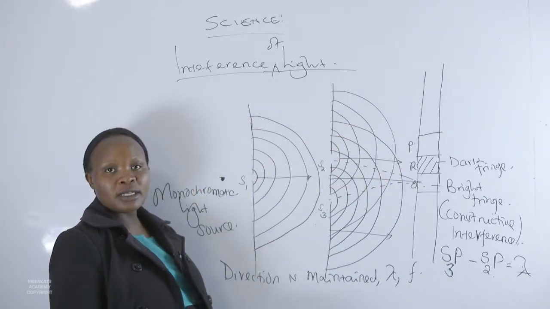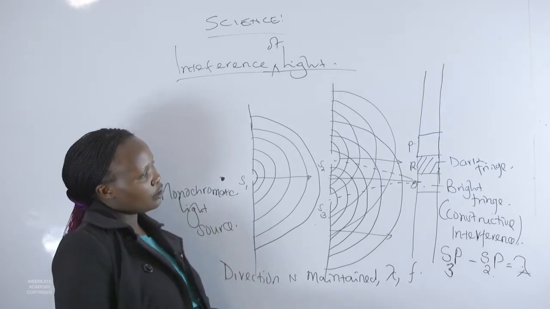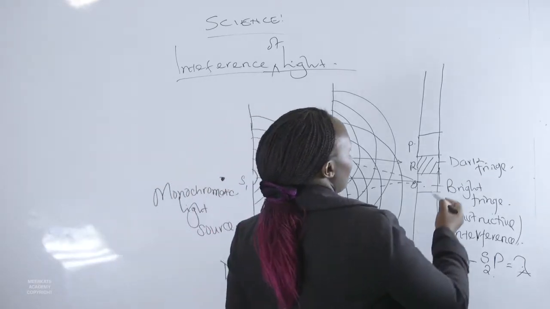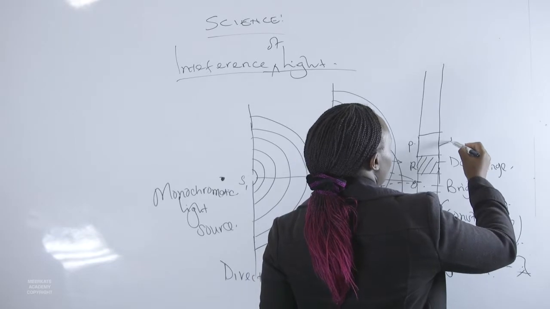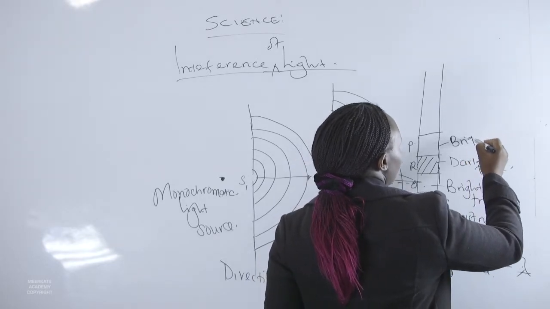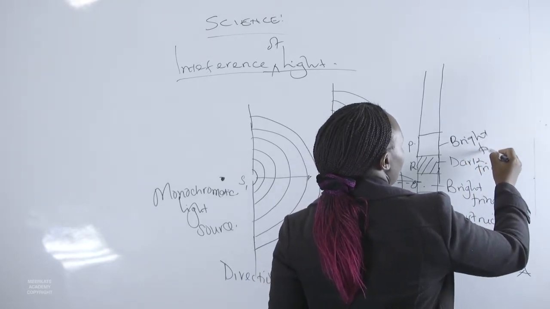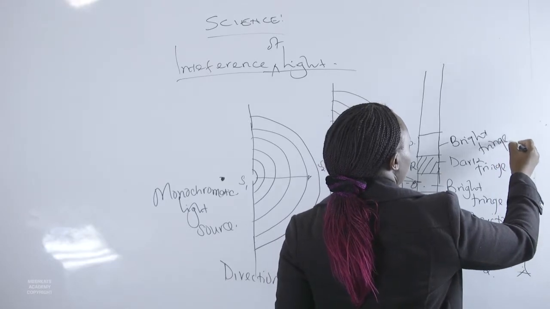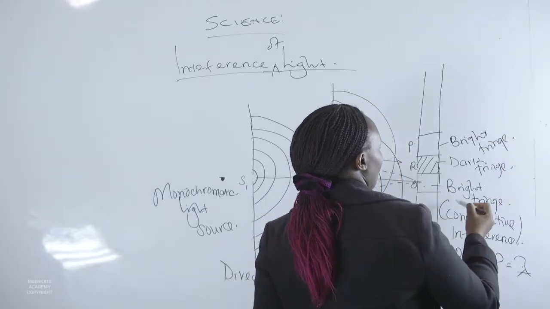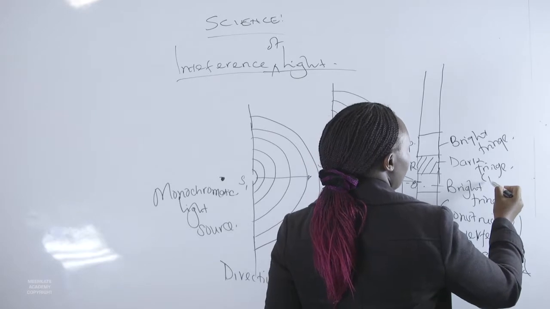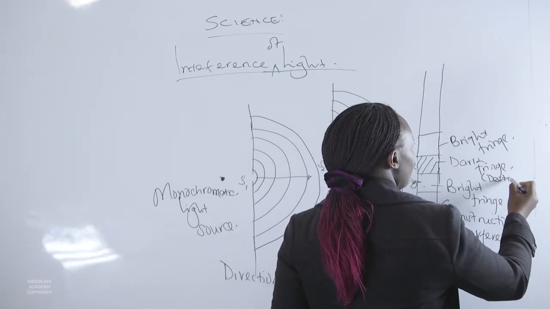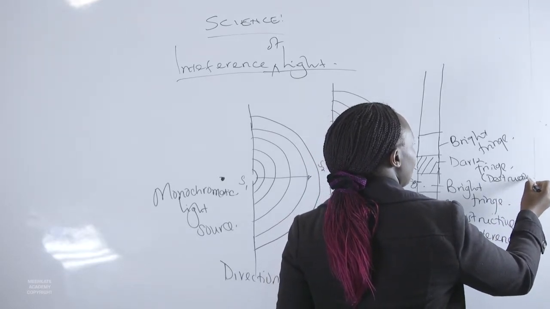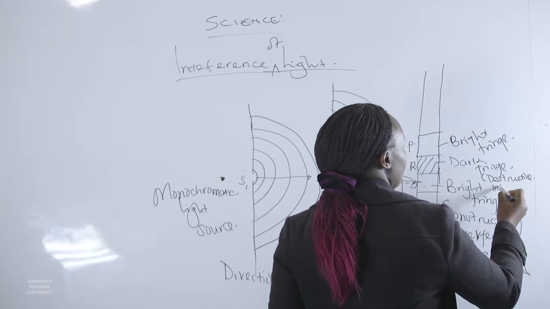S3P minus S2P is giving us a whole wavelength. Another constructive interference giving us a bright fringe. And note that dark fringe means destructive interference.